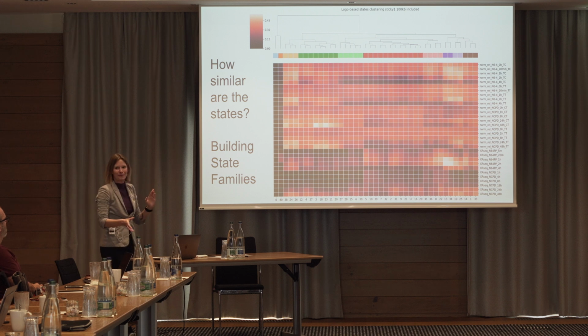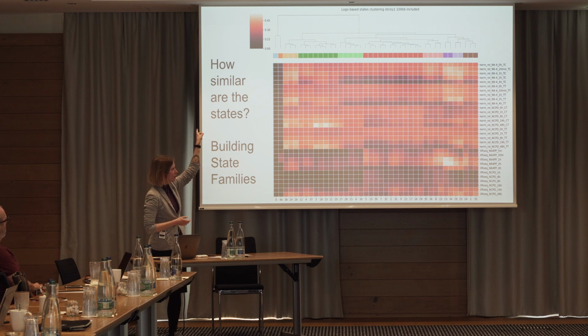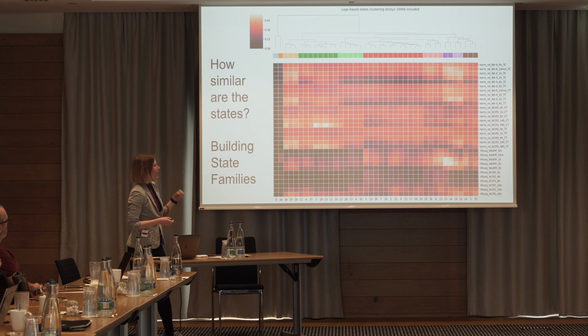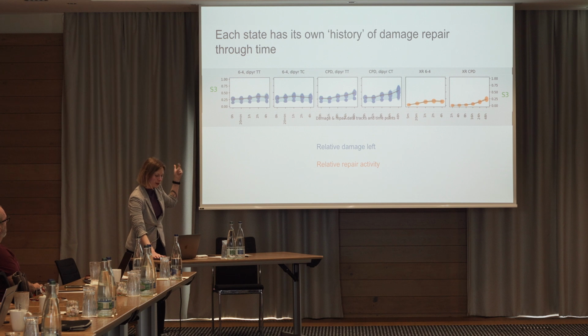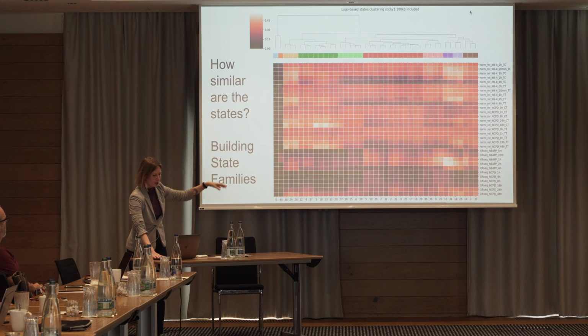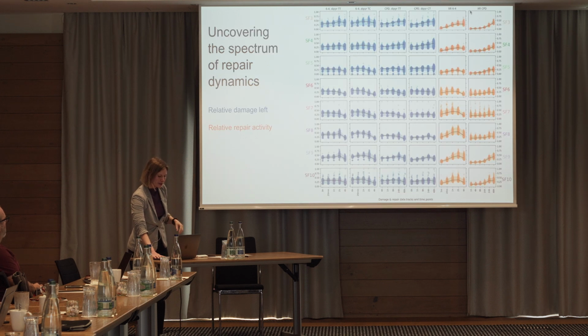Then, as I probably don't have much time, I will just say shortly, we cluster the states to obtain those families that I have mentioned, which are now encoded on the top with the color coding. We do it exactly based on the representation that I have shown you in the previous slide. We encode it in some way, we cluster based on that, and that's the families that we obtain.